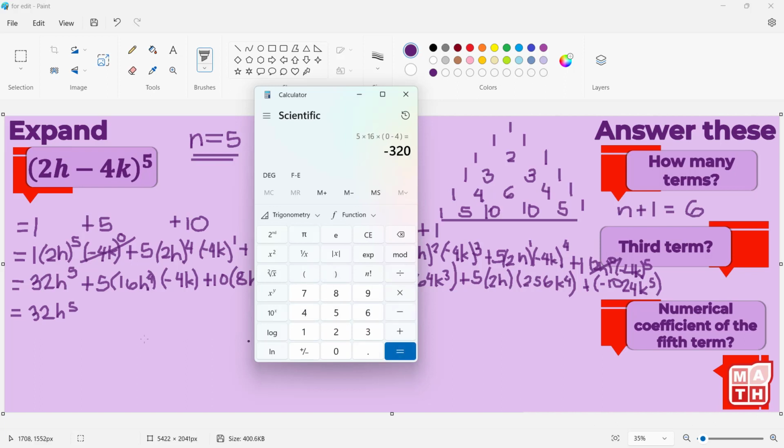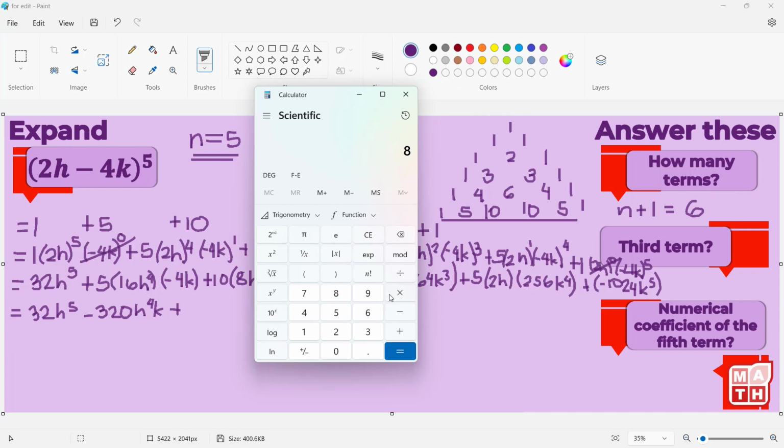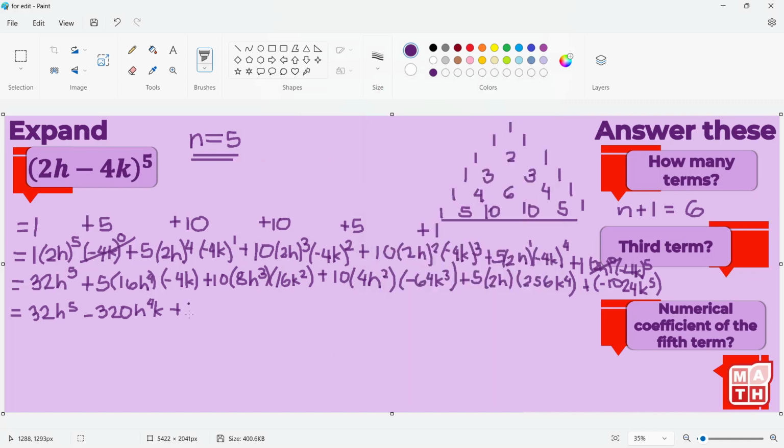So you will have minus 320 h to the power of 4 k. Then plus, of course, you will have here 8 times 16 for your third term times 10.